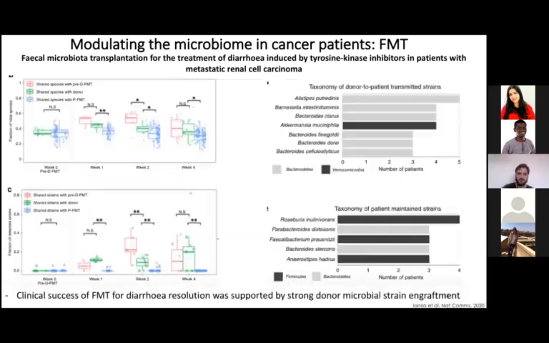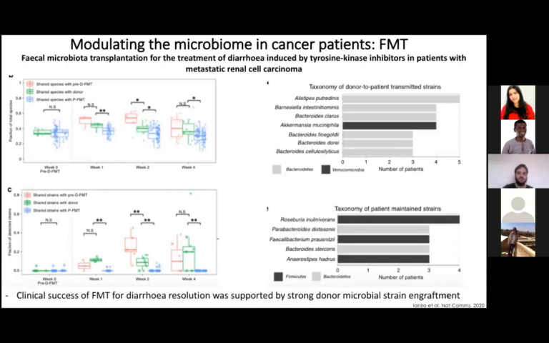resolved. And this study was also supported by showing that there was a clinical success. So basically, we could see that there was a strong engraftment of donor species and strains.